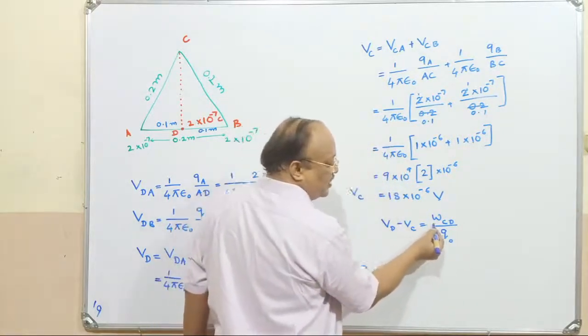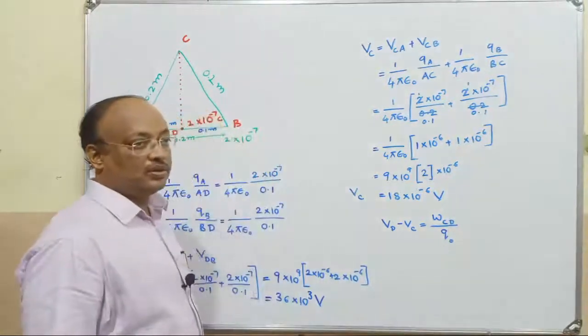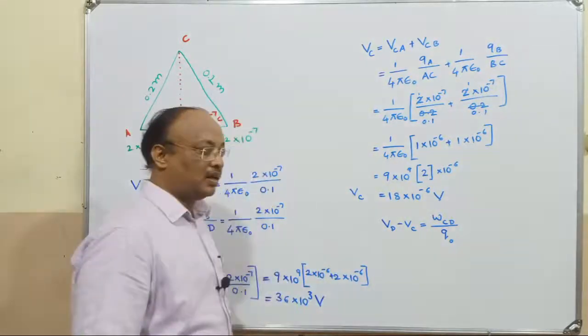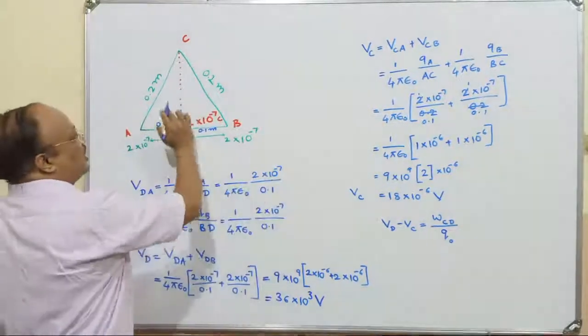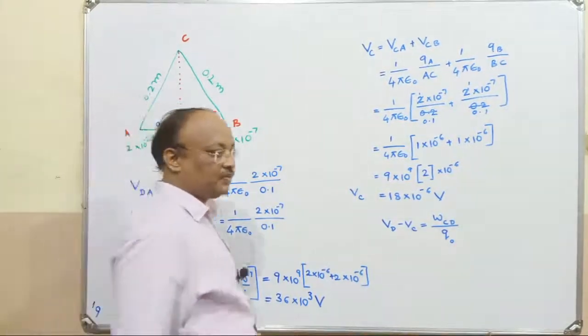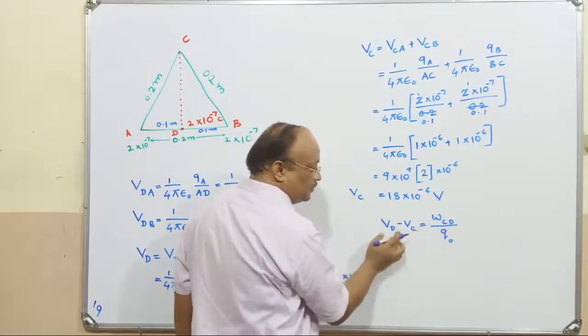VD minus VC is equal to WCD by Q naught. If you want from D to C, how it will be?